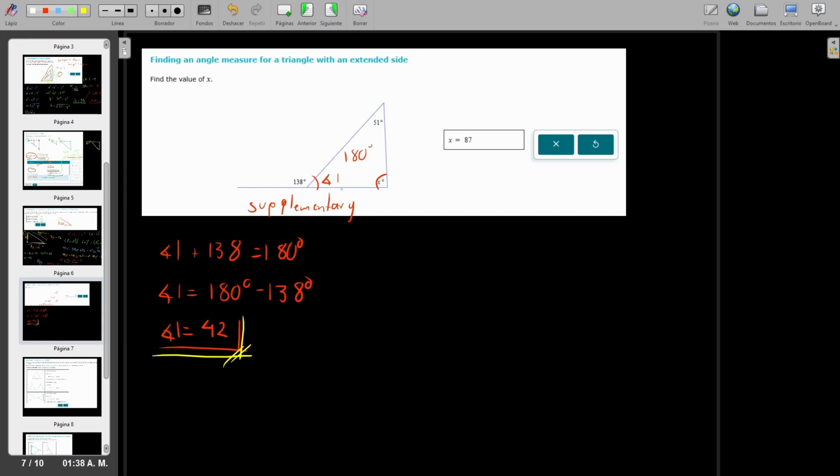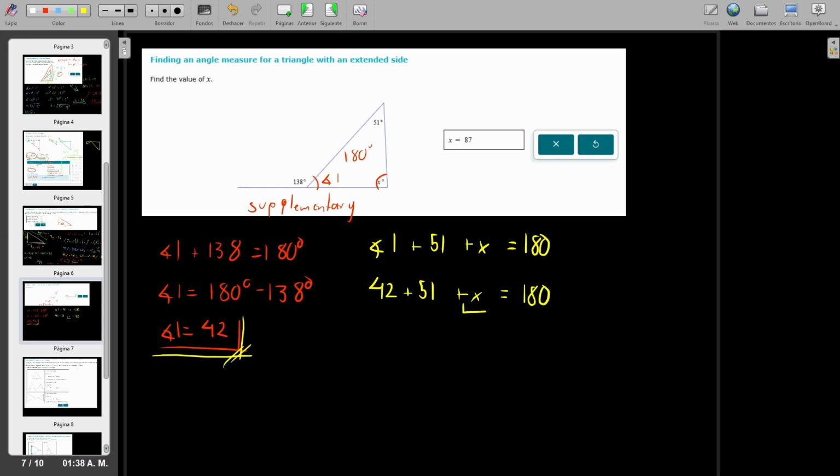So angle 1 plus 51 plus x is going to give us 180 degrees. We know that angle 1 is 42, so 42 plus 51 plus x is going to give us 180 degrees.